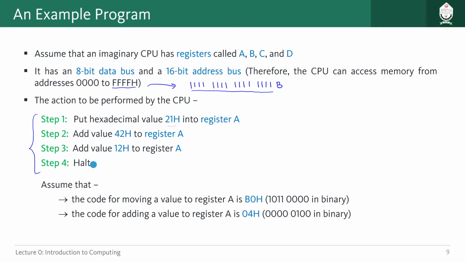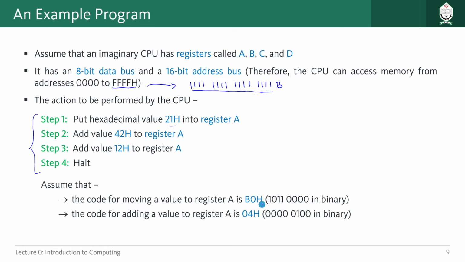And another thing you have to understand here, for each of the tasks, we have some instruction, right? Like it is called opcode. Maybe later on we will try to understand what is actually opcode. Just understand that we are assuming the code for moving a value to register A is B0H, which is 8-bit, right?